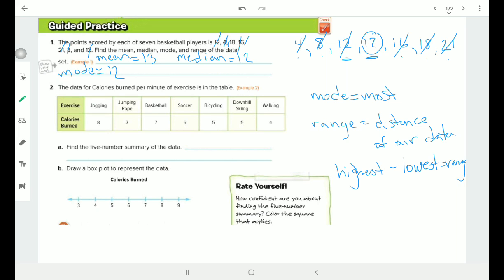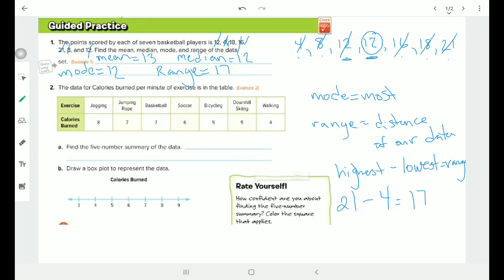In this case, our highest value is 21, and we're going to subtract our lowest value, which is 4. So 21 minus 4 gives me my range of 17. That means that our data set spans over 17 different numbers, from the highest value to the lowest.